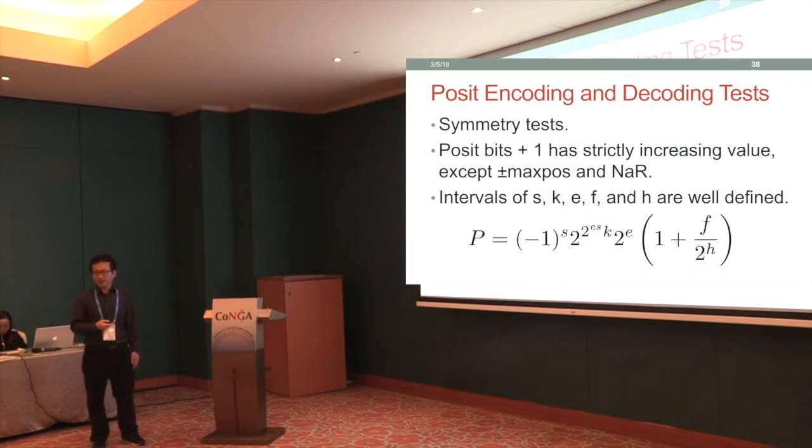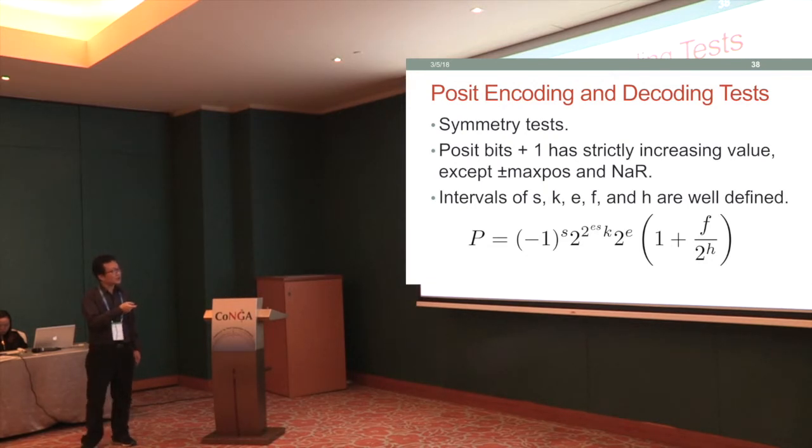For testing the encoding and decoding, we can leverage the symmetry test. Whatever you encoded and you subsequently decoded, you should get back your inputs exactly. And for posit bits, if you add 1 to a posit binary bits, the value of the posit number should be strictly increasing.